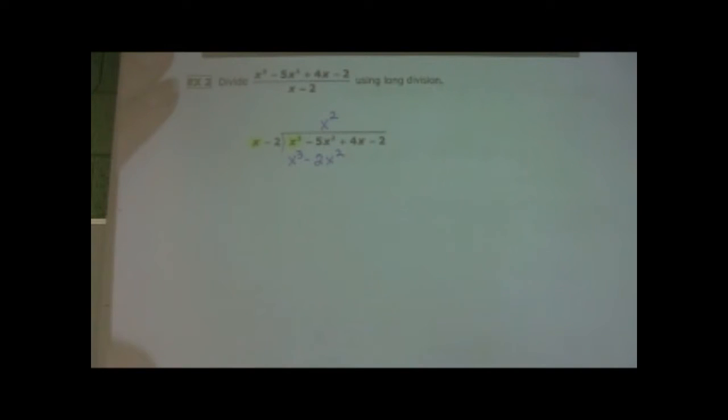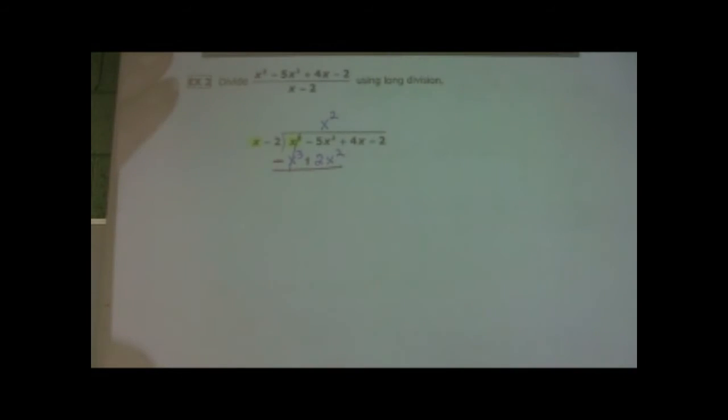Now I'm going to multiply this by this using distribution. So that's x to the third and negative 2x squared. Now, change both signs. So I'm going to change this to a minus and this to a plus.